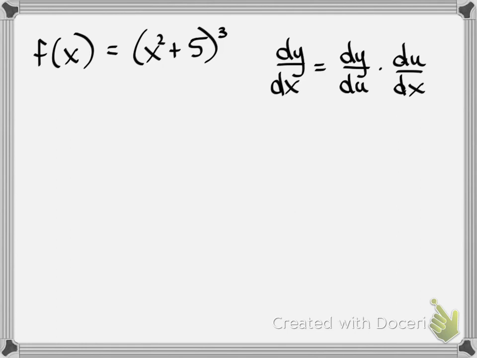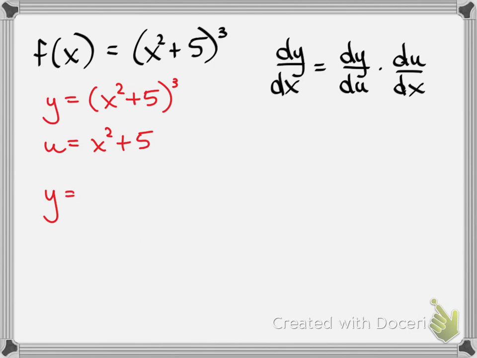All right. So I'm going to try to show you this formula rather than me just being a little lazy. I'm going to call y all of this. And I'm going to call u the inside part. That means I can rewrite y in terms of u. So y is the inside part cubed.